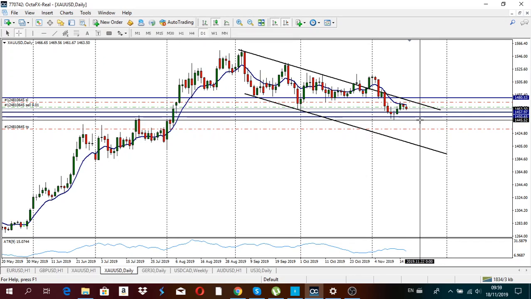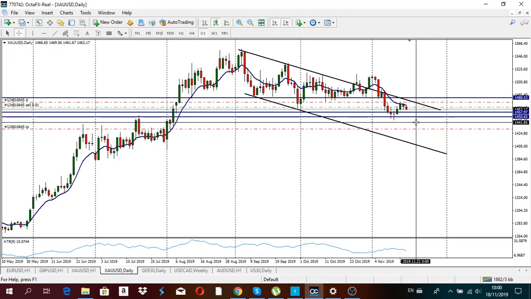I'm expecting lower prices until the end of November, because the seasonality pattern is here, and actually the seasonality in the US dollar is strong in November. Most Novembers are strong for USD.